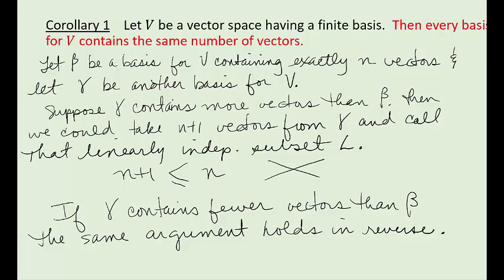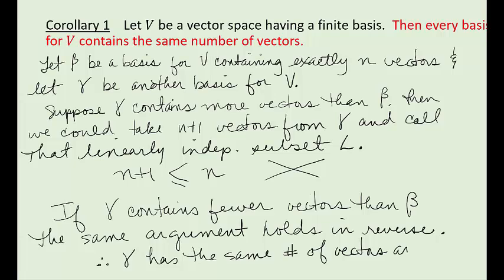If gamma contains fewer vectors than beta, then the same argument holds in reverse. Therefore, we can say that gamma has the same number of vectors as beta. In other words, any two bases for the vector space have exactly the same number of vectors.